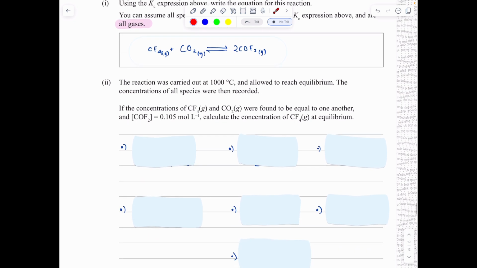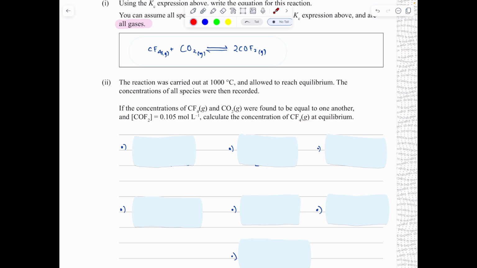The reaction was carried out at 1,000 degrees Celsius and allowed to reach equilibrium. The concentrations of all the species were then recorded. If the concentration of CF4 and CO2 were found to be equal to one another, and COF2 was 0.105 moles per litre, calculate the concentration of CF4 at equilibrium.